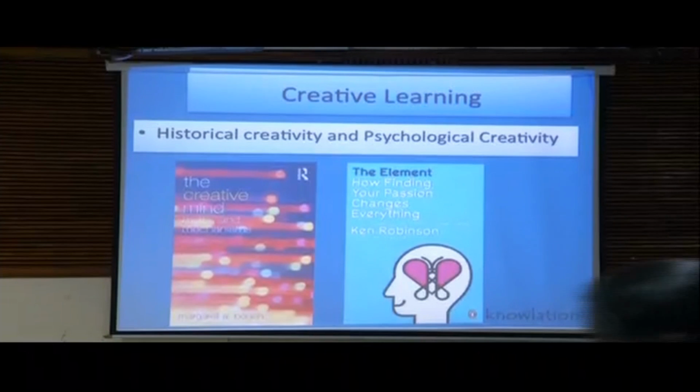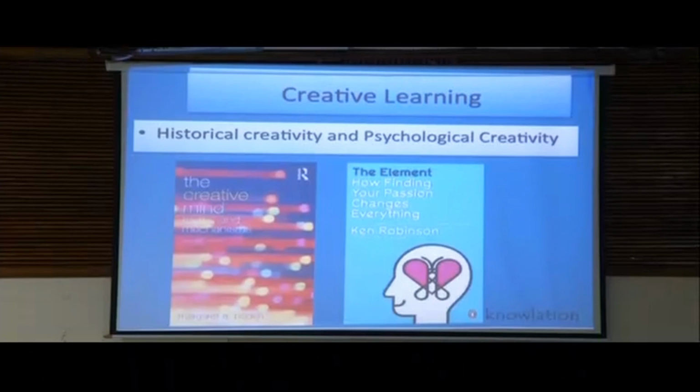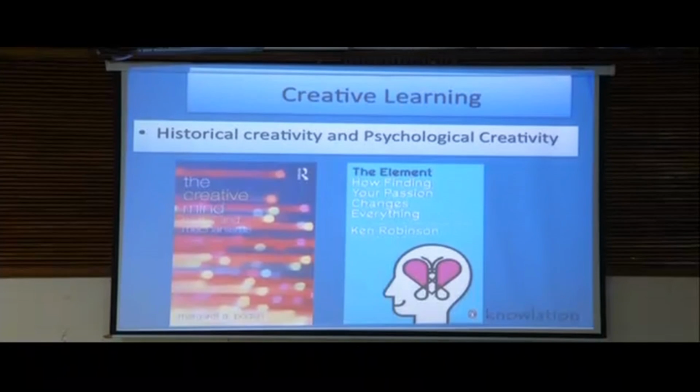Creative mind. This lady, Margaret Boden, has put a lot of interesting thoughts on AI and machine learning related to psychology. She has written almost three or four books, and all of them are very good. There she tries to put two types of creativity.